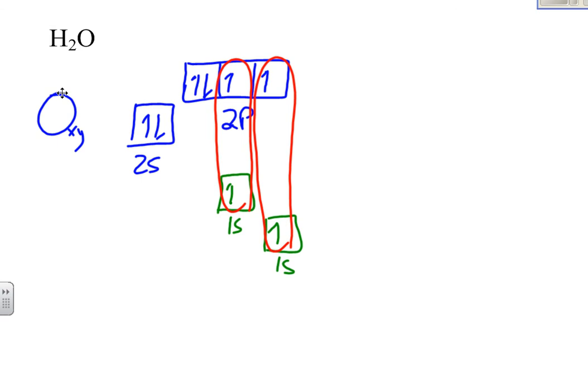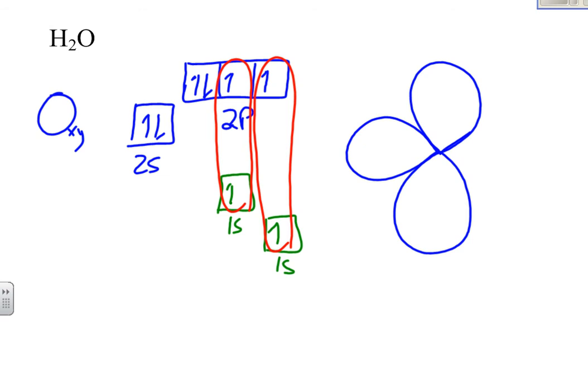However, if we draw these orbitals, I'm going to do one of the p orbitals for the oxygen there, and another one here. So these two are both in the plane of the board, right? And then the p orbital that's filled, I'm going to pretend that that's coming straight out of the board, straight at you. So we would have one electron in the orbital running vertically, and one electron in the orbital running horizontally.